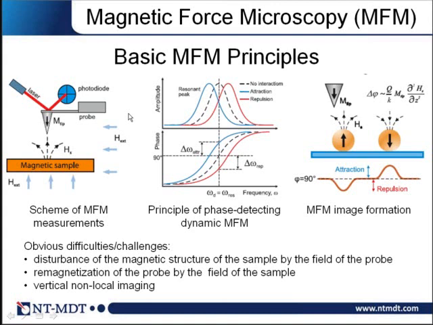For that, you need to calibrate your device. For that, you need some reference samples. So once you have measured your reference sample, you can calibrate your device or your probe in terms of magnetic fields, and then you can quantitatively measure the magnetization of the sample.